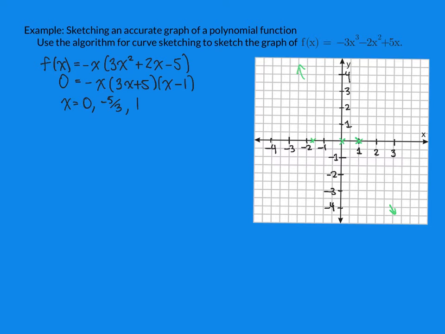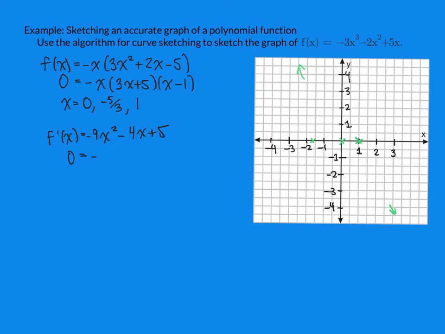So now we're going to consider the first derivative. So there we have the first derivative. And of course we care about the critical numbers here because we want to look at increasing and decreasing intervals. So we're going to set this equal to 0 because the derivative will never be undefined. So the only points we need to worry about are when it is 0.